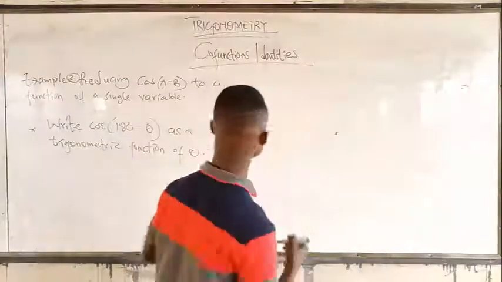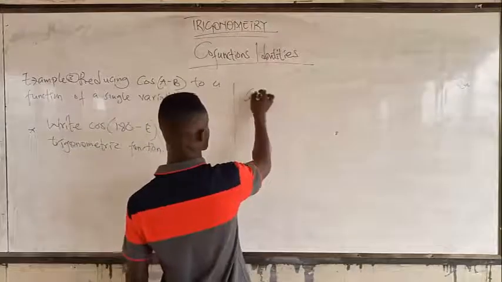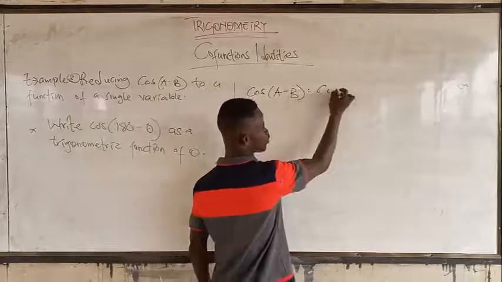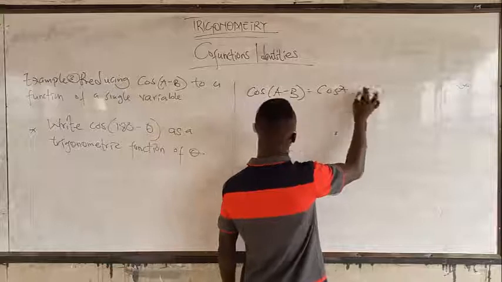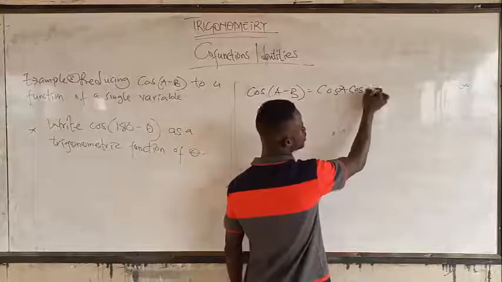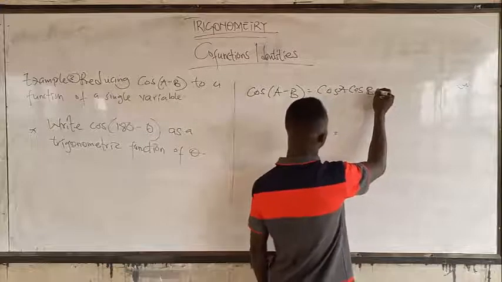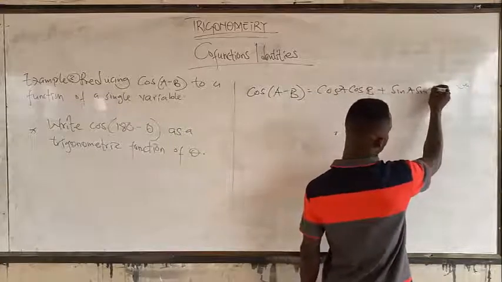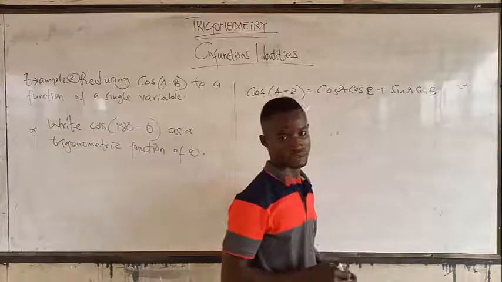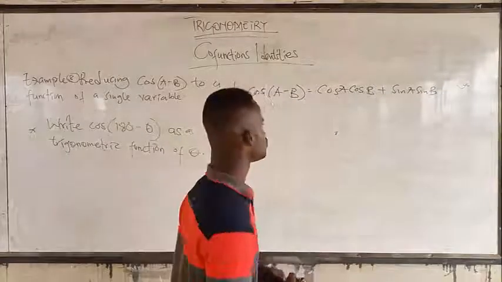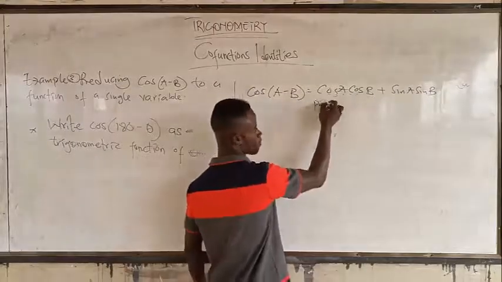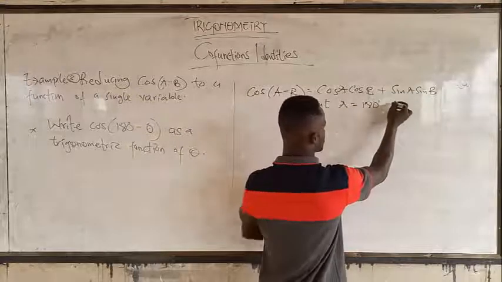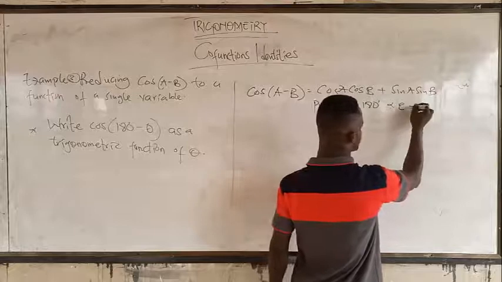That's why this is reducing cos A minus B to a function of a single variable. Alright, so here we know that cos A minus B is cos A cos B plus sin A sin B. Very good. So you put A to be 180 degrees and B to be theta.